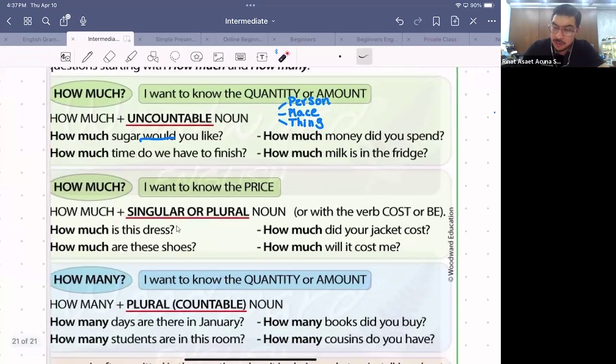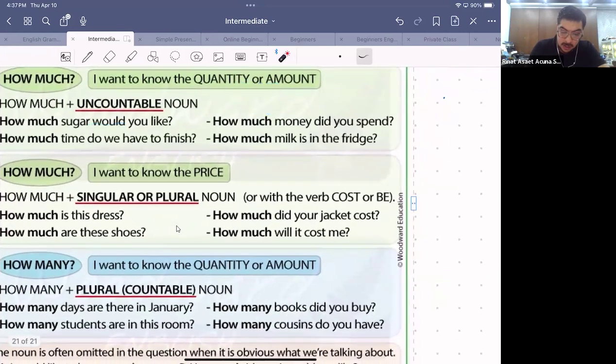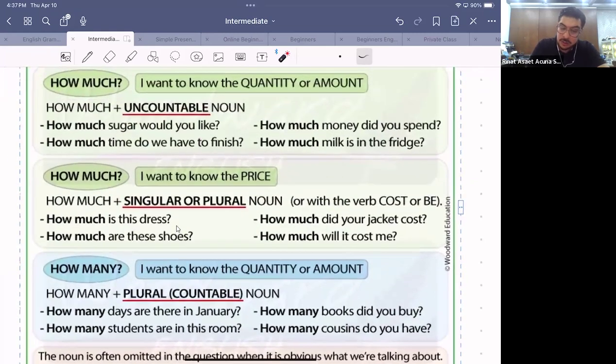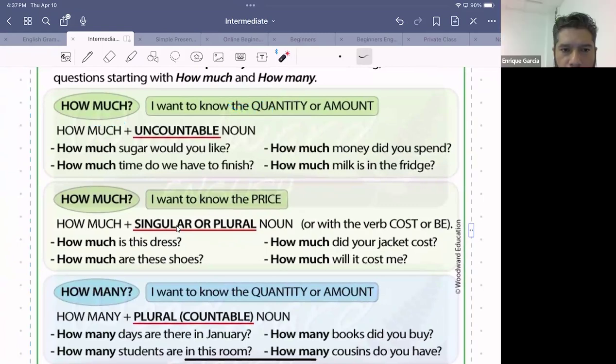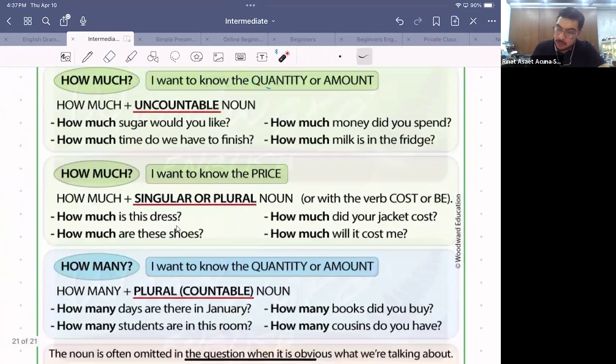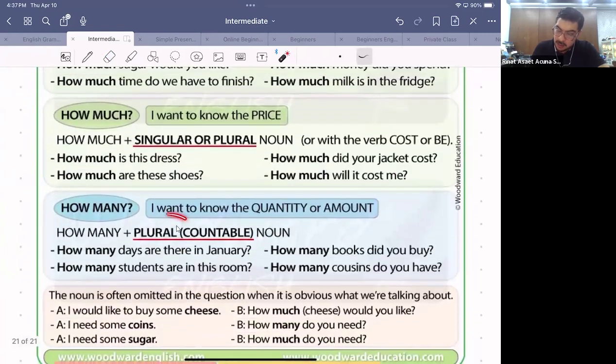So that is how you're going to use how much. All right. Remember, how much is usually used for uncountable nouns. Okay. All right. So give me 1 second. Let's go ahead and go to the countable nouns. The countable nouns are a little bit easier. Things you can count.